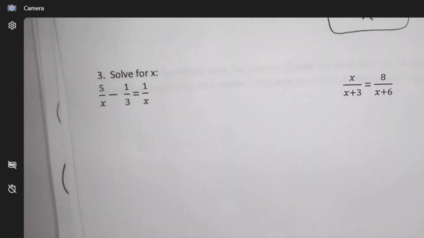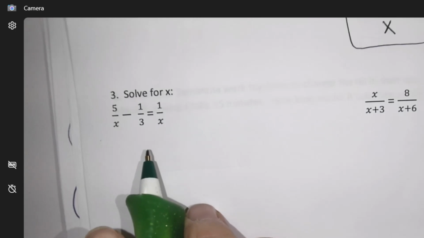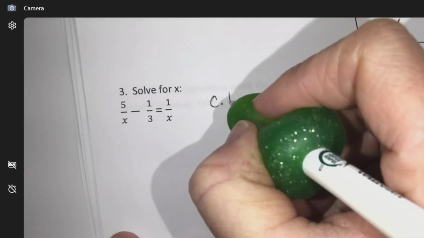Okay, solving equations, you have 2 ideas. They are cross multiply or common denominator drop. Those are your ideas. So what is the strategy to this one? Common denominator.